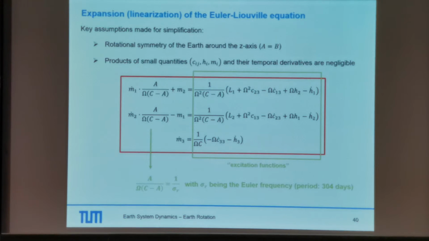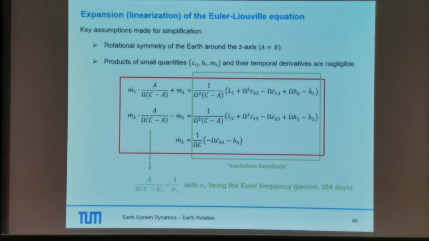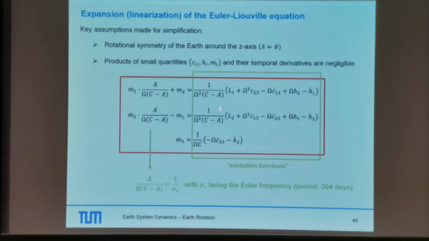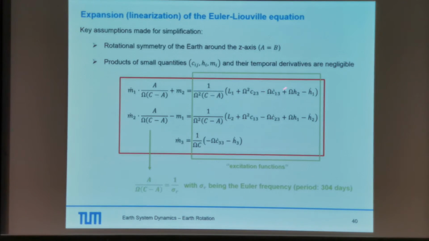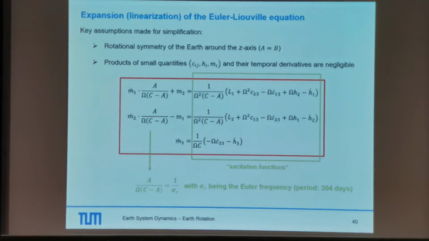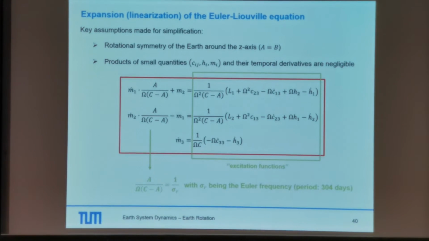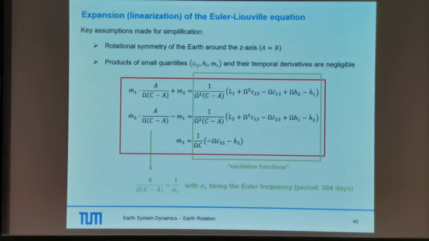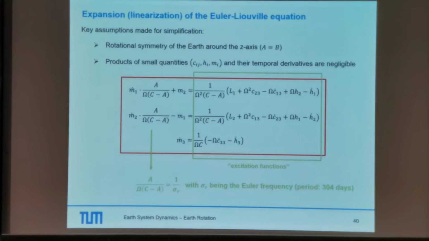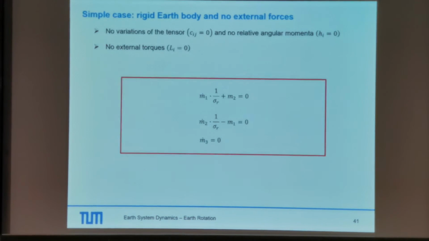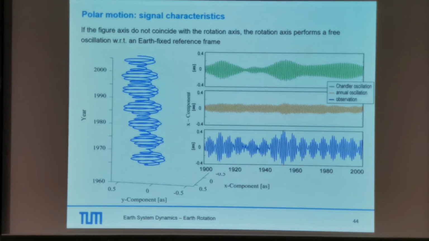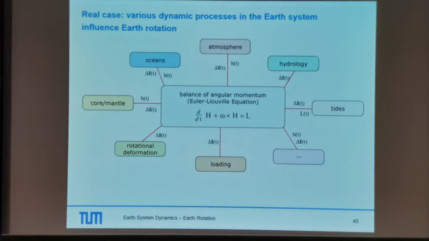So the trick is that we use these equations and try to fill in these small quantities, c, h, and L, based on any other subcomponent variations, for example, ocean variations derived from an ocean model. Because, for example, we can use an ocean current model in order to model these small h quantities and then study the impact on the Earth's rotation. This is how we can try to relate all the different geophysical quantities to the Earth's rotation variations we observe.